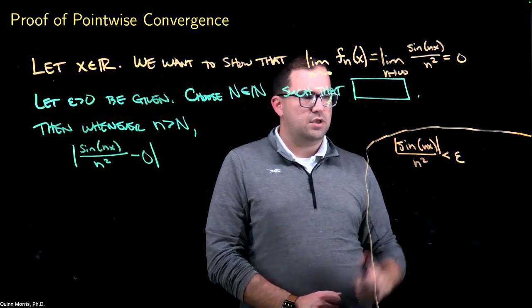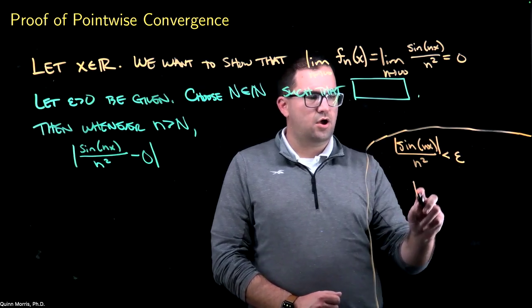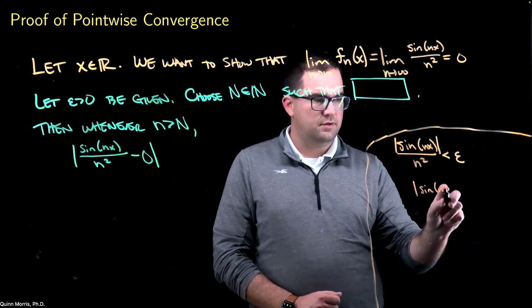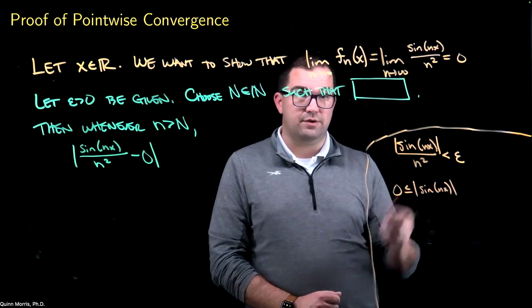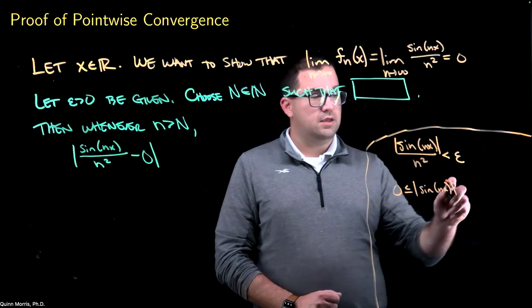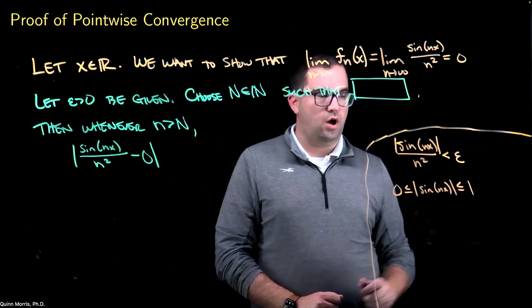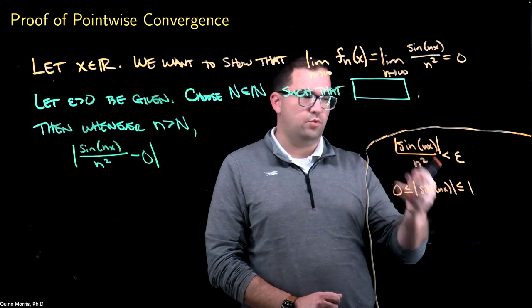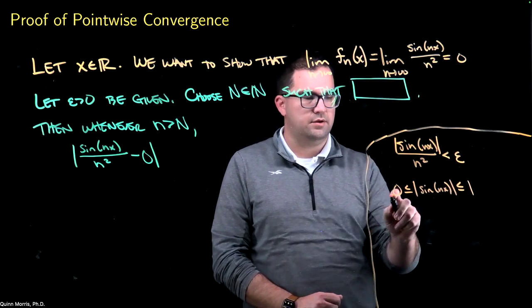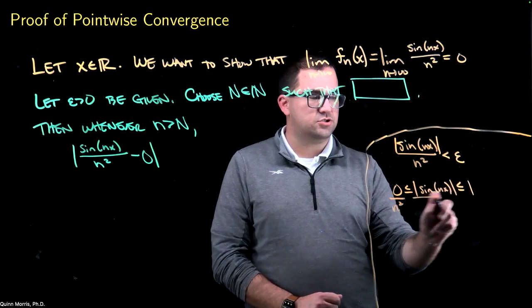This, though, I can't. So I know that sine of nx in absolute values is always greater than or equal to 0. It's always less than or equal to 1. Sine bounces back and forth between -1 and 1, so in absolute value, the largest it could be is 1. And I could divide all this by n squared.